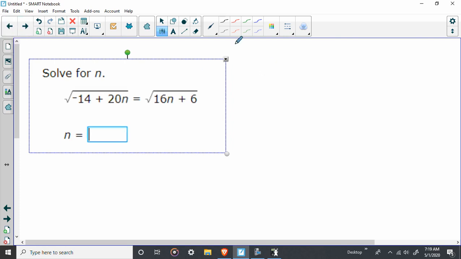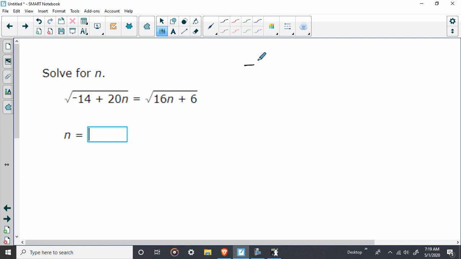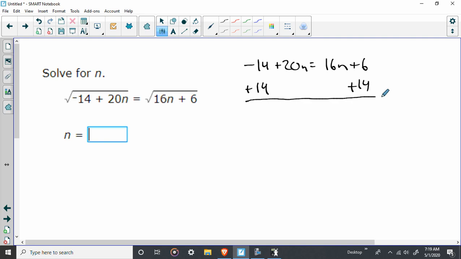So again, if you've gotten the hang of it, you can just kind of fast forward and say 14 plus 20n is equal to 16n plus 6. In an effort to keep things positive, let's move the 14s first. Okay. 20n is equal to 16n plus 20.